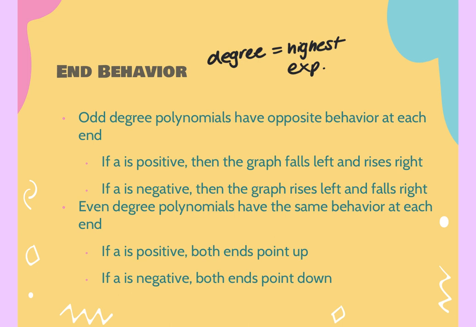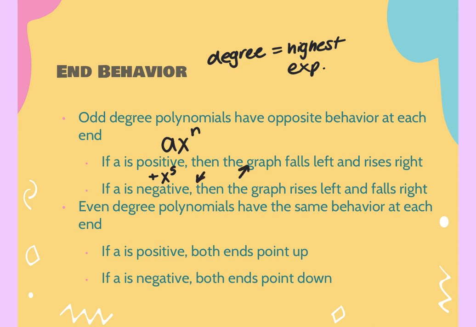If it's odd and the number in front of it, which is the a, so let's just say it says ax to the n, and n in this case is odd. If it is an odd exponent and the number in front is positive, then the graph falls to the left and rises to the right. So if it is a positive x to the 5th, it's going to fall to the left and rise to the right.